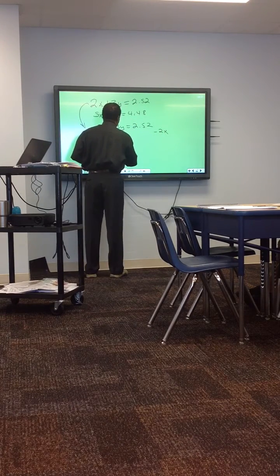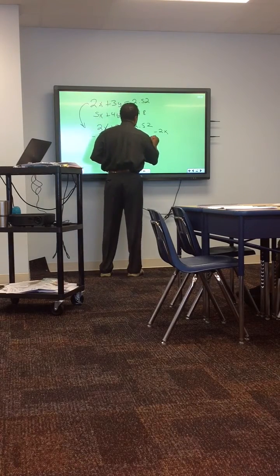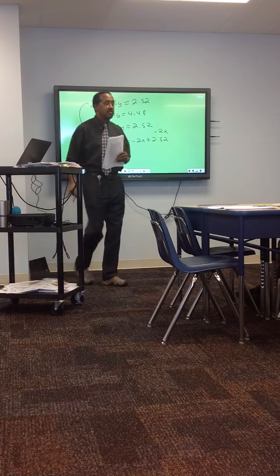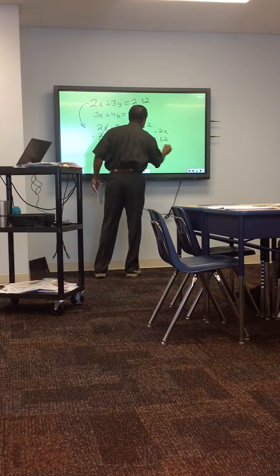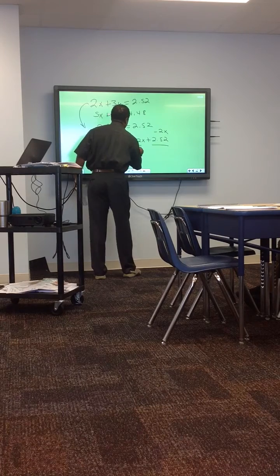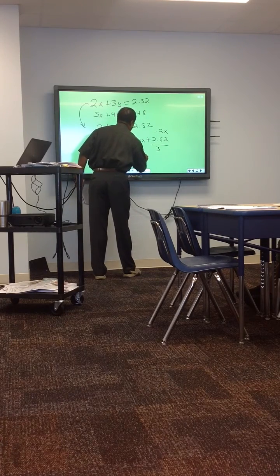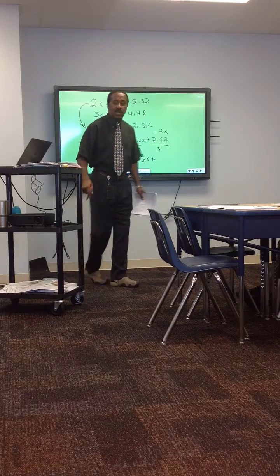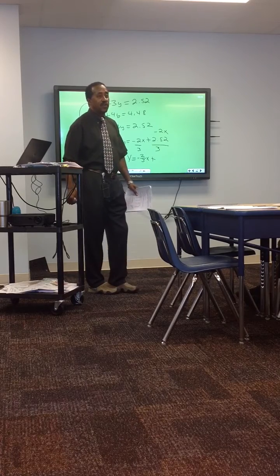We have 3y is equal to negative 2x plus 2.52. Okay, now what do we do? Divide by 3, dividing each particular term. So if we divide by 3, we will have y is equal to negative 2 over 3 x plus how much? Somebody want to calculate it? Where's your phone?